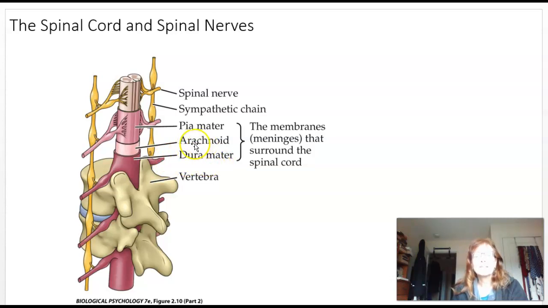We have an interior layer that has a lot of blood vessels, called the arachnoid, and then the more delicate layer right up against the cord itself, the pia mater, which means gentle mother. All of these combined are called the meninges, and they're protective of the spinal cord and also of the brain.